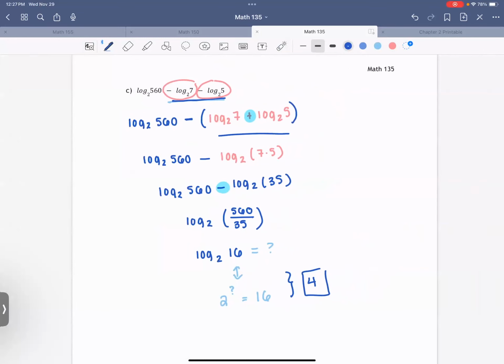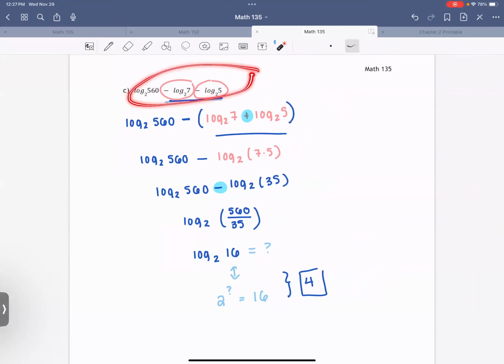I started out with all of this stuff up top, and using the properties of logarithms, you can condense it into a logarithm that you can solve, which is 4, okay? So the properties of logarithms are actually pretty useful because we can start with something like this and it literally just becomes 4. We can't solve these logarithms, but it becomes a pretty easy logarithm at the end.